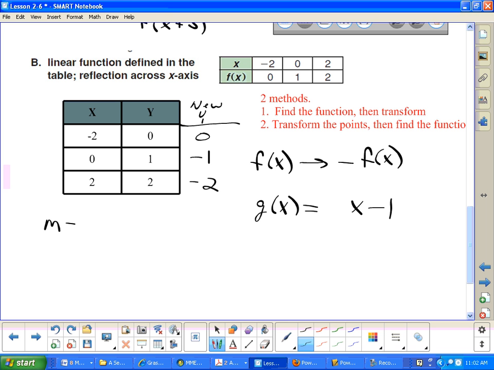So m is -2 minus -1 over 2 minus 0. So -2 plus 1 is -1. Half would be our slope then. So that would be our equation of our line: g of x equals -1/2 x minus 1.